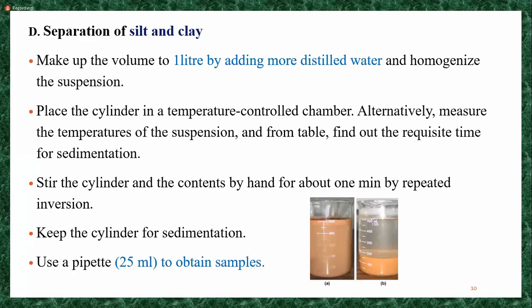First you have to stir, then invert the sedimentation jar. Before inverting, you have to close the jar with the lid. And you have to allow some time for the sedimentation.